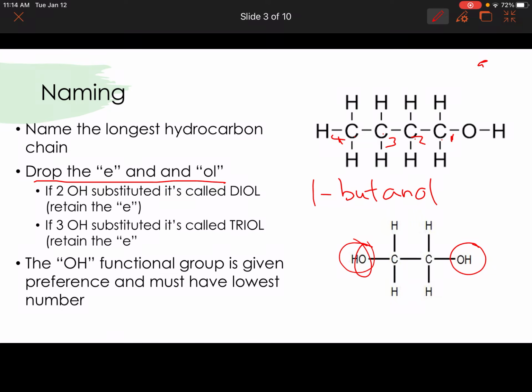I have an example for this on an upcoming slide, so we'll deal with that there. So we've got a diol or a triol here, so we can have 3 that are substituted as well. So again, the OH, the functional group, is given preference and must have lowest numbering.